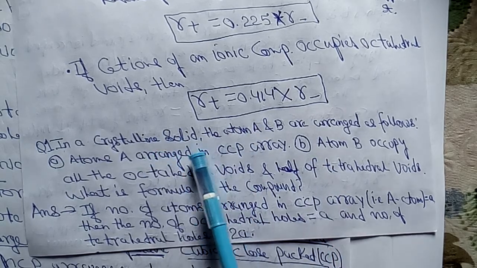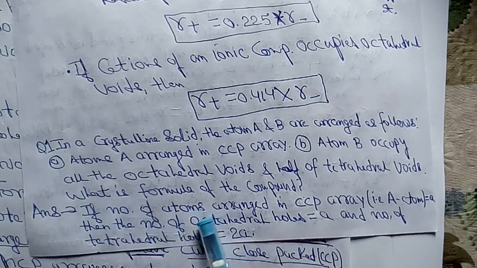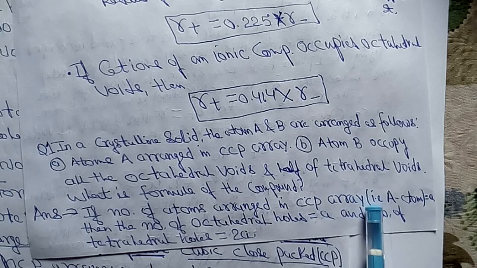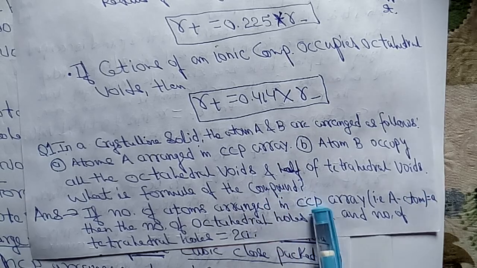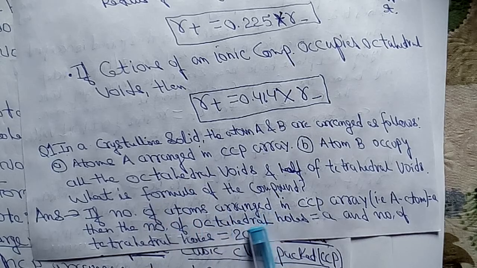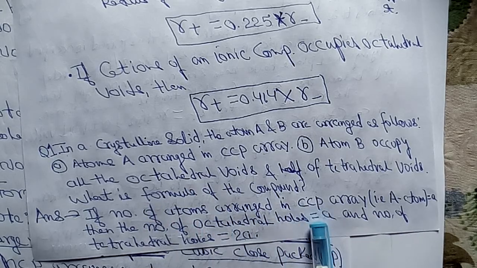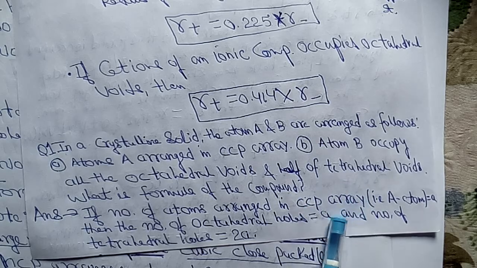So there is a solid having atoms A and B arranged as follows. If the number of atoms arranged in CCP, that is A atoms, is small a, then what will the number of octahedral holes be?